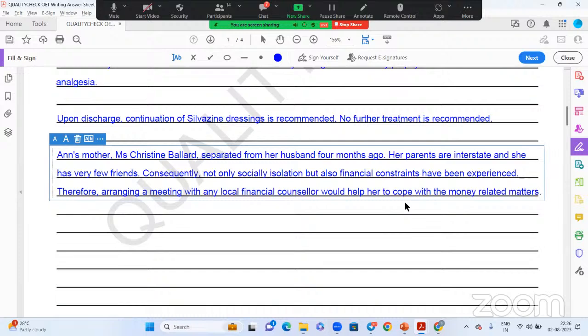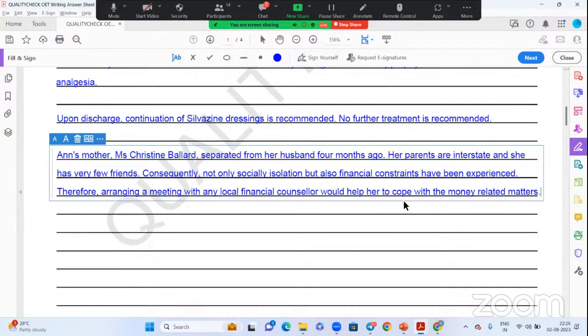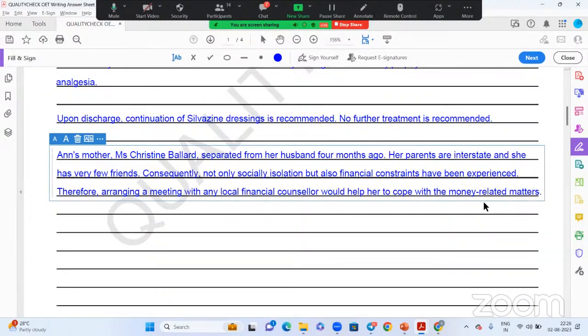Anyway, you can write, nobody is bothering you. Therefore, arranging a meeting with any local financial counselor would help her to cope with the money related matters, adjust with, or to solve the money related problems. Accordingly, you have to change.